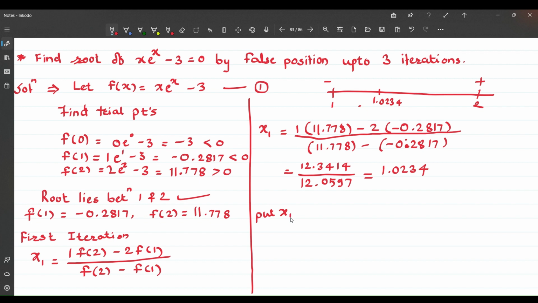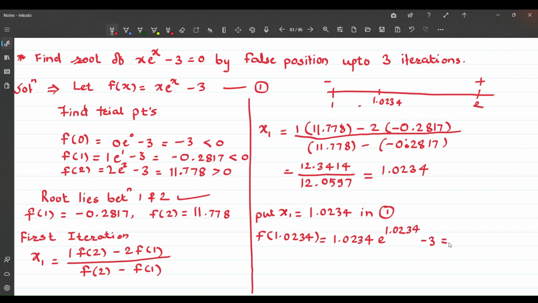Now the next step is to put this value in equation 1. Put x1 equal to 1.0234 in equation 1. Then f of 1.0234 is equal to 1.0234 e raised to 1.0234 minus 3.